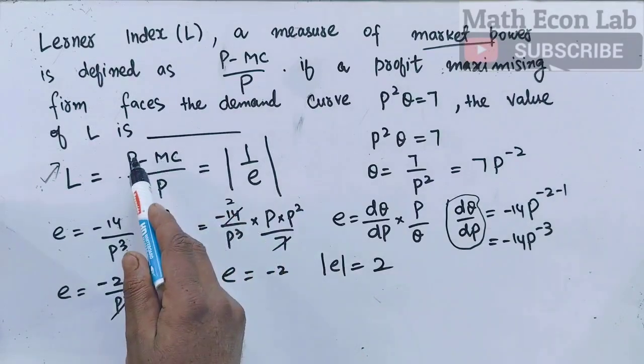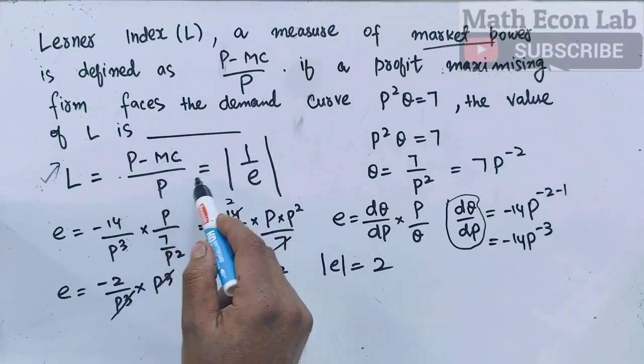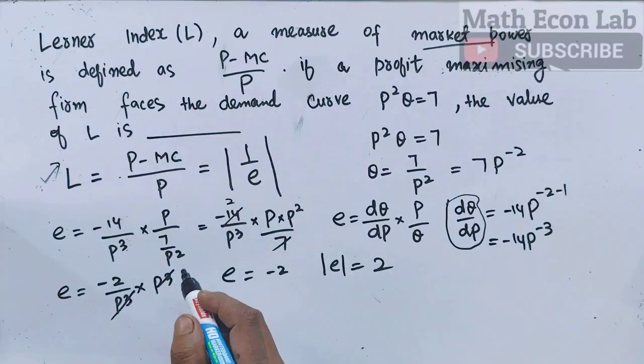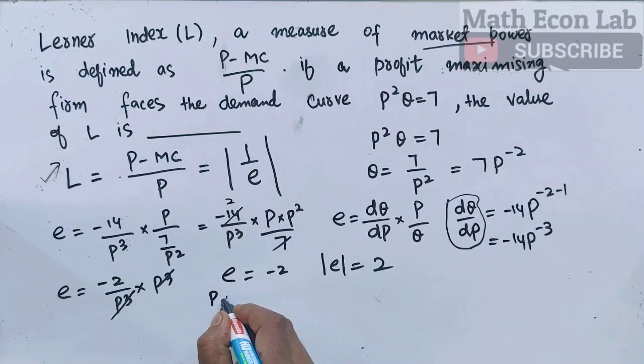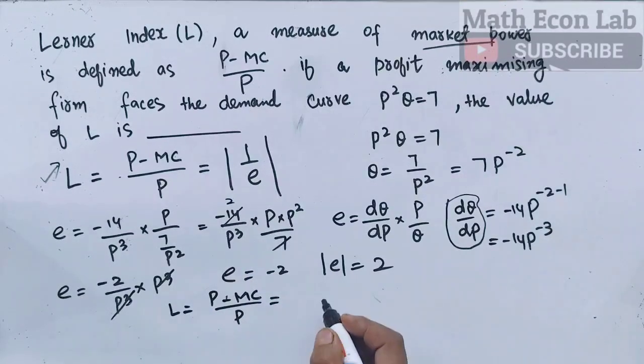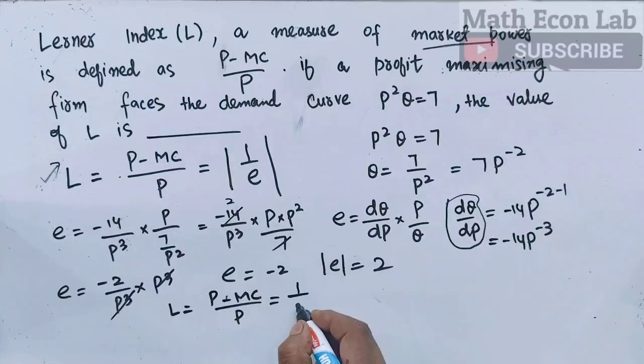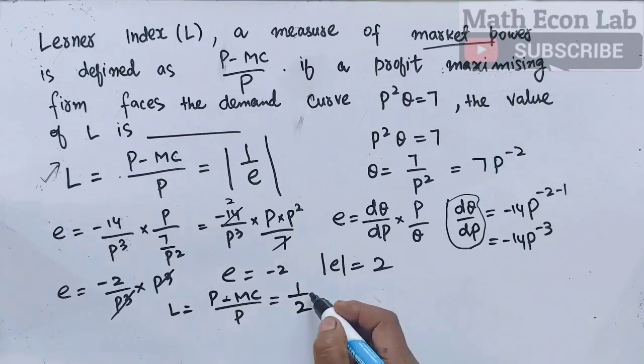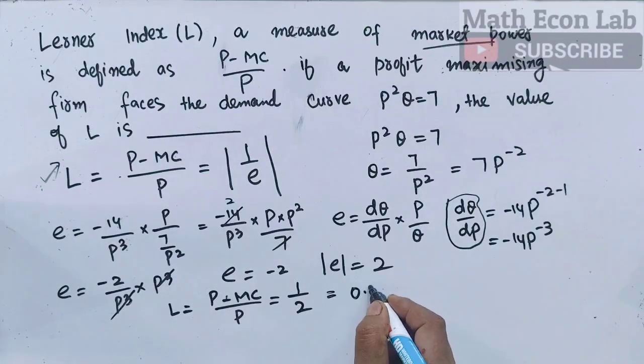so we have this relationship, price minus marginal cost upon price is equal to this stuff. So can I write price minus marginal cost upon price is equal to 1 divided by elasticity of demand, which is 2. So 1 upon 2 is equal to 0.5.